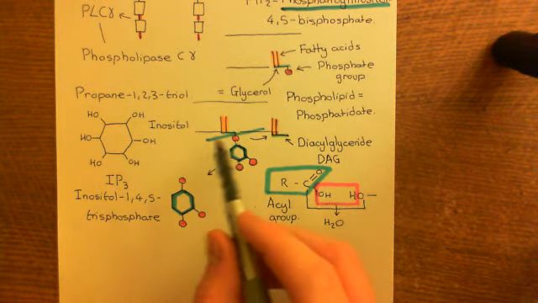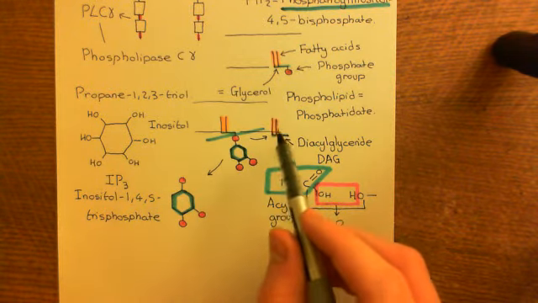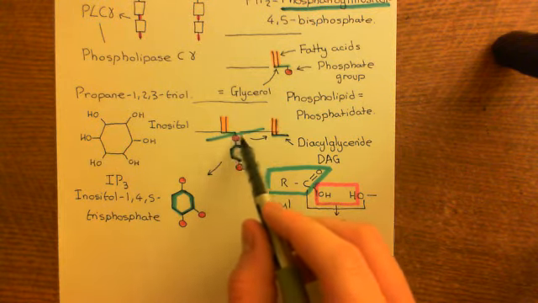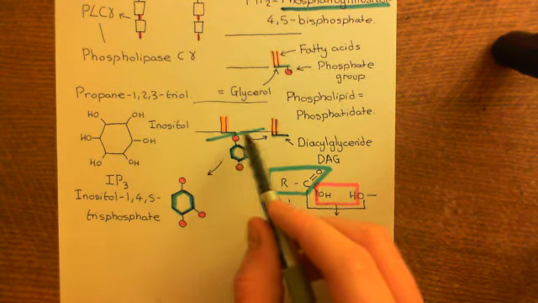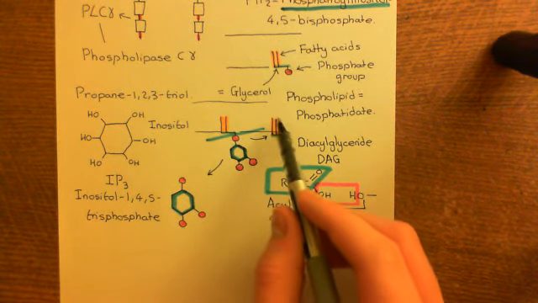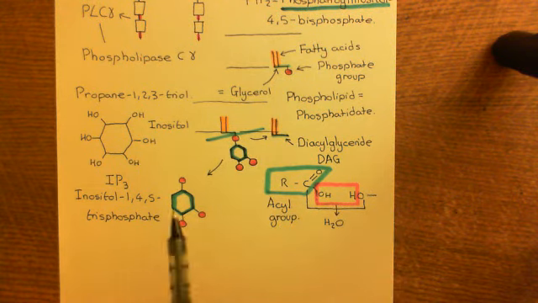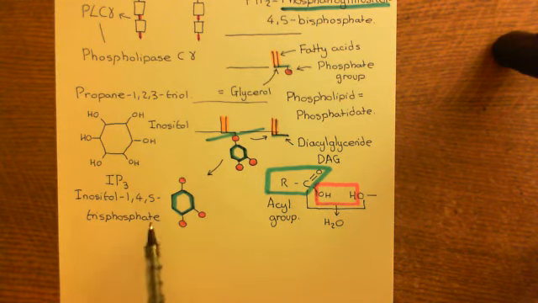That remains in the phospholipid bilayer after you've done this breakdown, which again makes sense because you've cut effectively the head of the phospholipid off, and the tail bit is going to remain in the phospholipid bilayer whilst the head goes off into the cytoplasm. We're going to be far more interested in what this head will do within the endothelial cell, and we'll continue this discussion in the next video.